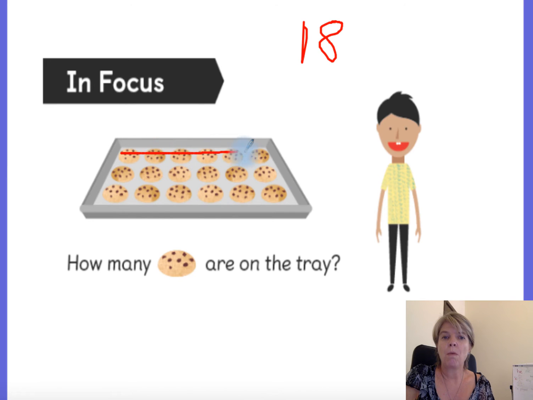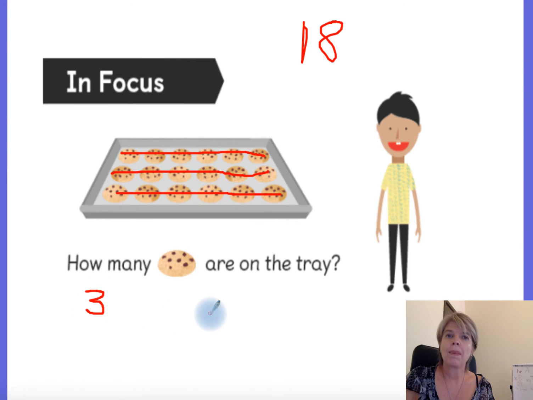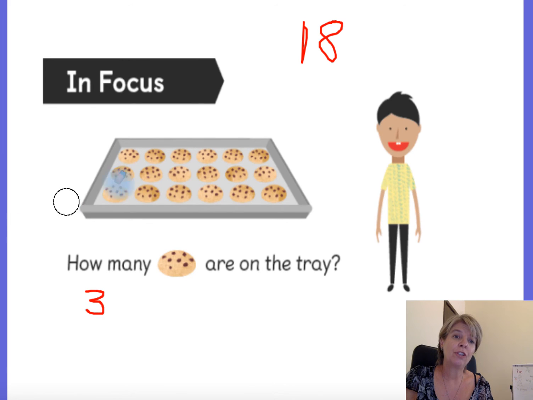Let's do it. 1, 2, 3 rows. There are 3 rows, aren't there? And then we can say, okay, there's 3 rows. How many cookies in each row?